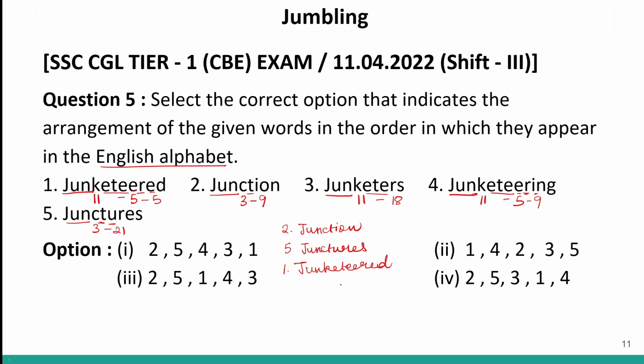After this, we will get junketeering. And after this, we will get junketeers. The correct logical sequence is 2, 5, 1, 4, 3, which is given in option number 3. So option number 3 will be your correct answer to this question.